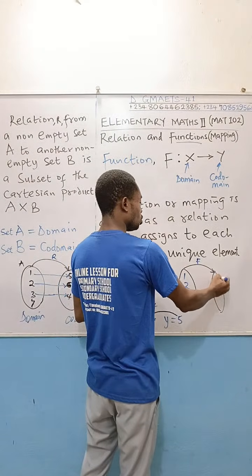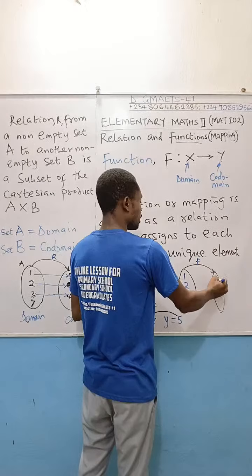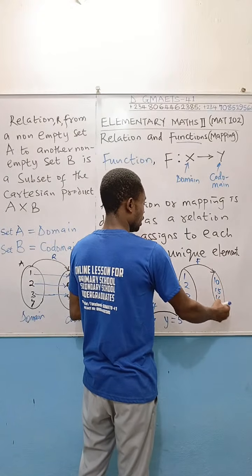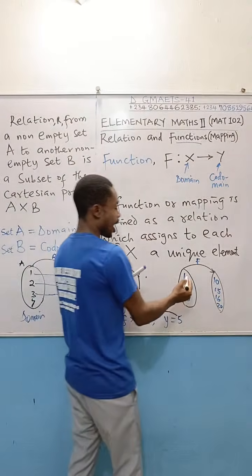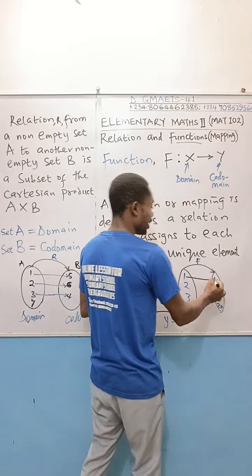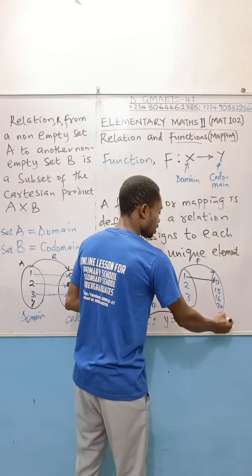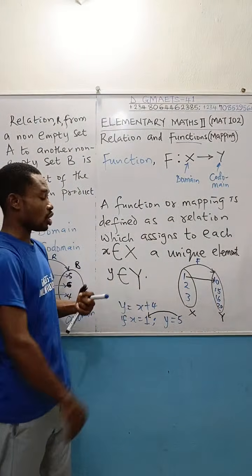Let's use a different symbol: 10, 15, 16, let's say 20. And then I link up 1 to 10. This is set x, this is set y, and we call set x the domain and set y the codomain.